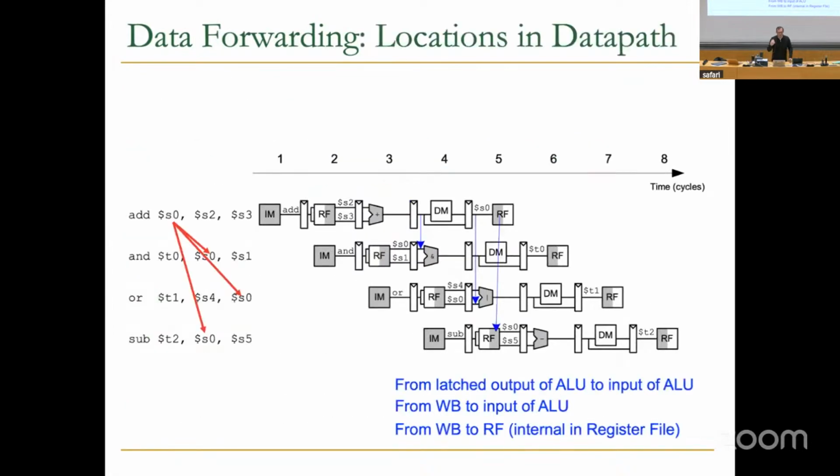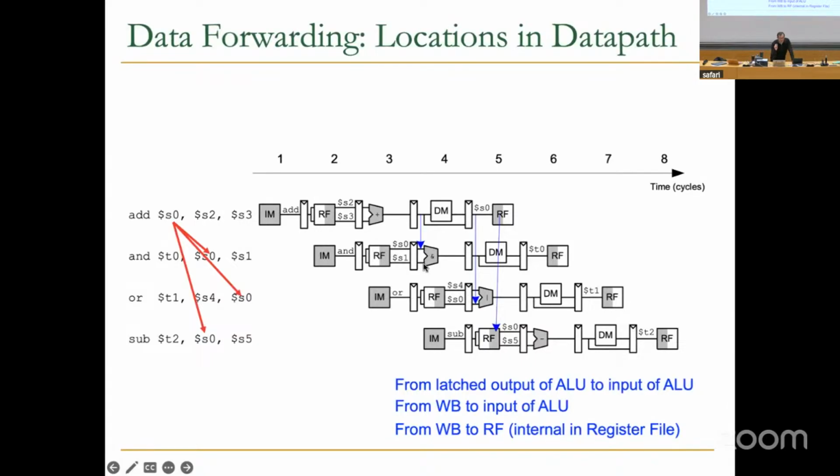Okay, so data forwarding. Let's take a look at the locations in the data path. This was the same example that I showed you. Add is writing to register S0. We're assuming that the write happens into the register file in the first half of the 5th clock cycle, and and needs to read from that here. And is really beginning its execution here, right?